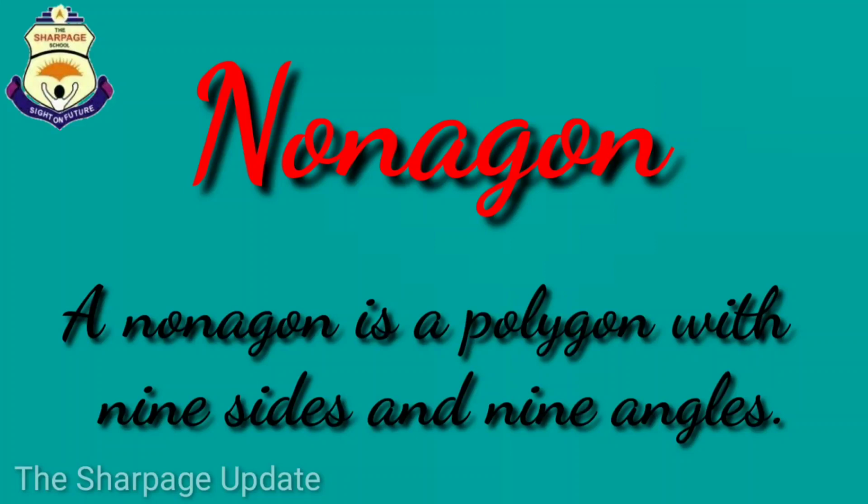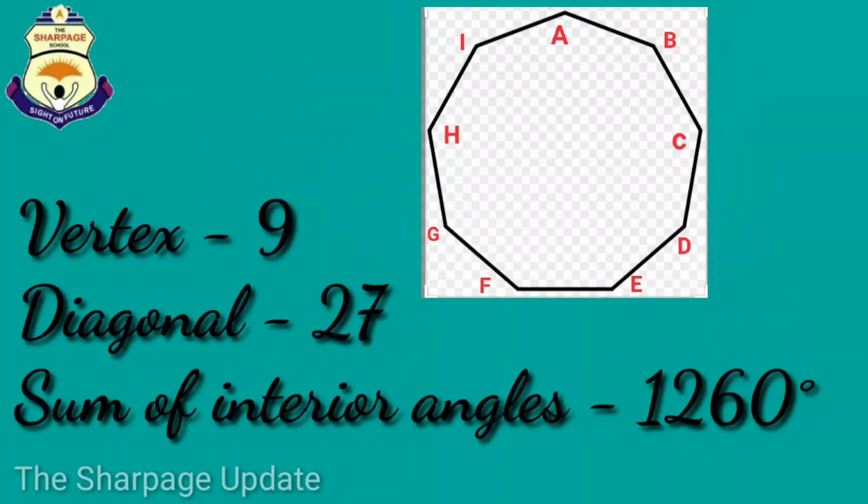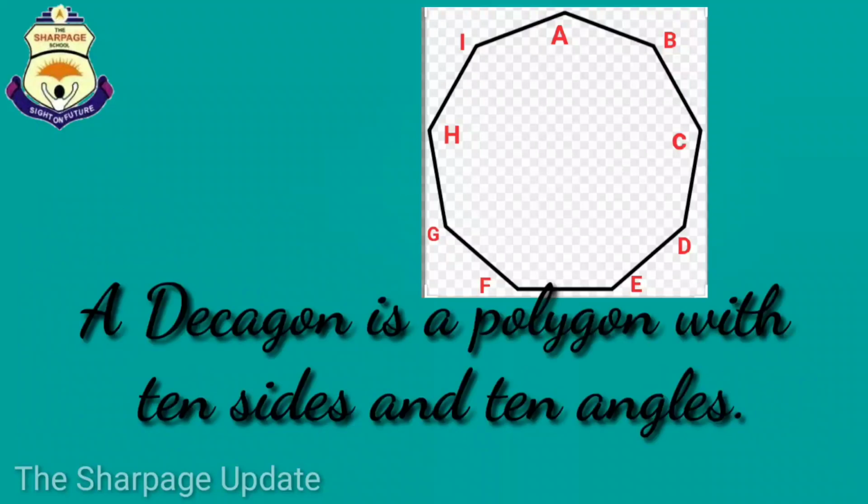Nonagon. A nonagon is a polygon with 9 sides and 9 angles. This is a nonagon, and in this nonagon number of sides and angles are 9 and number of vertices is also 9. And in a nonagon number of diagonals is 27 and sum of interior angles is 1260 degrees.